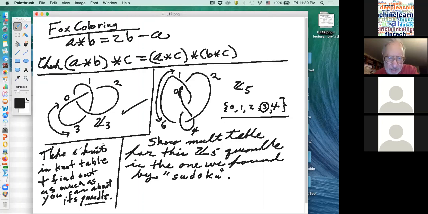Notice, I just want to tell you another problem or two, and then next time we'll talk about the oriented quandle and the Alexander polynomial, and then we'll be going on to the Jones polynomial and other things after that. But there's something very interesting that you can notice here, and that is, as I said, that you only used 4 out of the 5 colors.